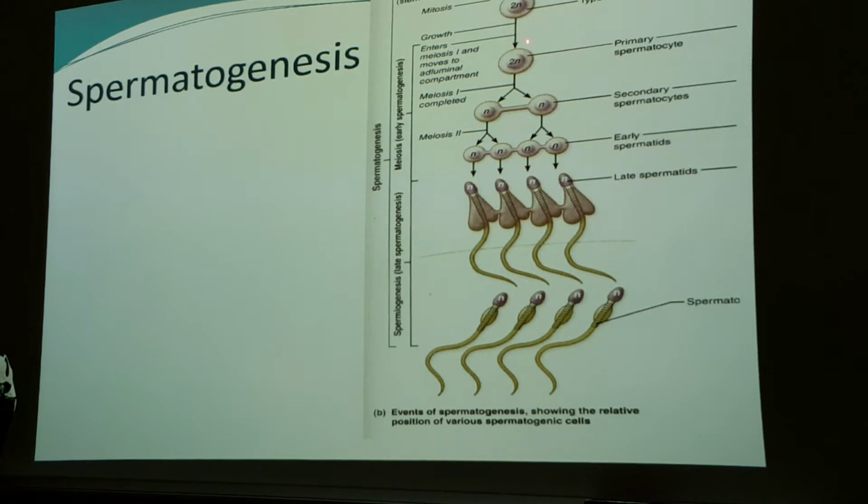So we start out with what's called a spermatogonium, which is diploid. 2N means diploid. Meiosis 1, and then you go through meiosis 2, and finally you wind up with the sperm. And the cytoplasm is stripped away, and there you go. We had 1 original cell giving rise to 4 haploid sperm.